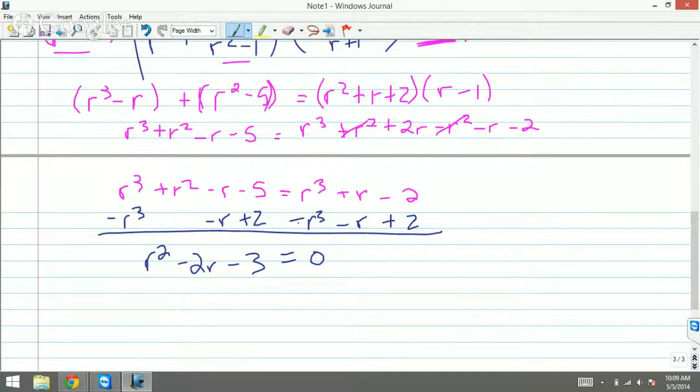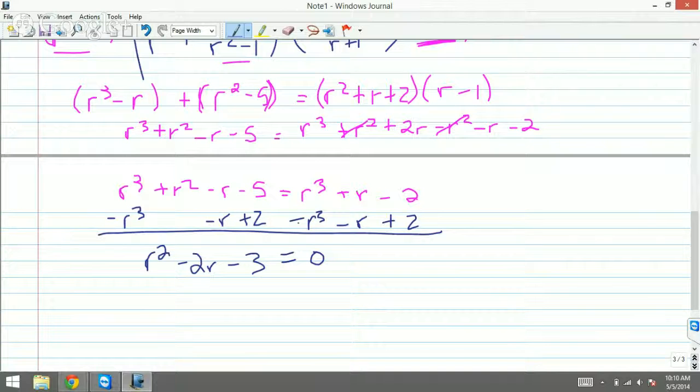All right. Just solve for R now? Solve for the quadratic. What technique are you going to use? The one where you complete the square. Okay, that one's kind of long. Factoring, can we factor it? Yeah.